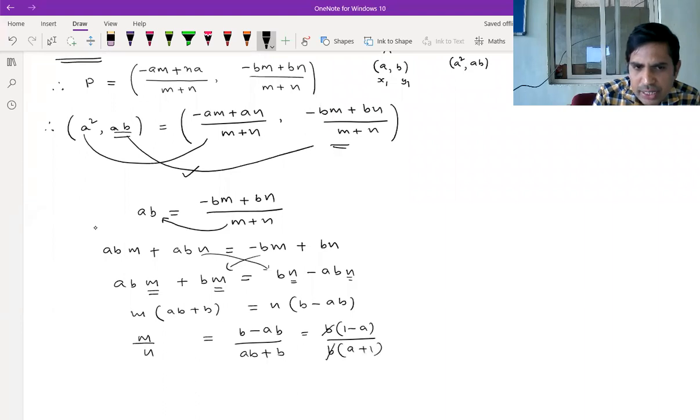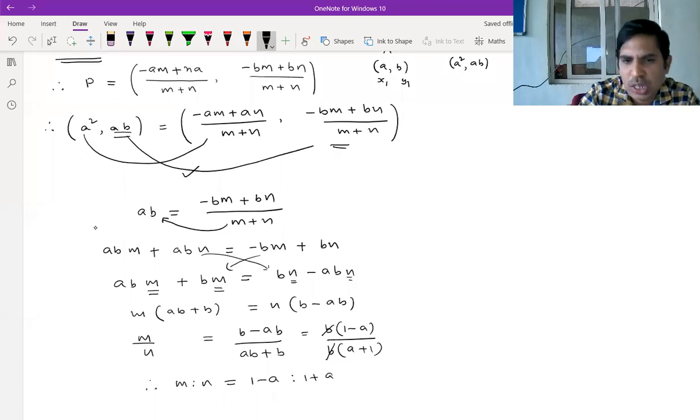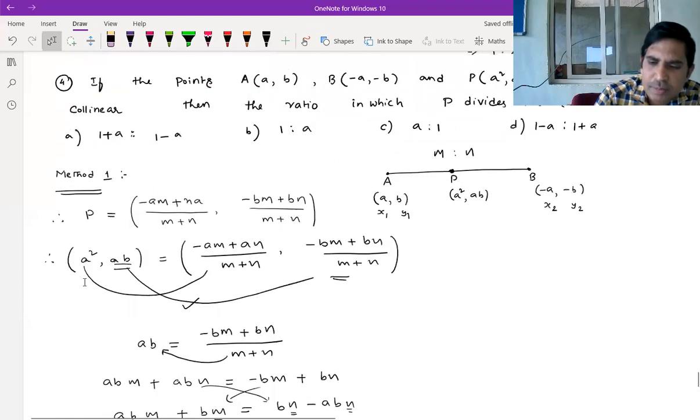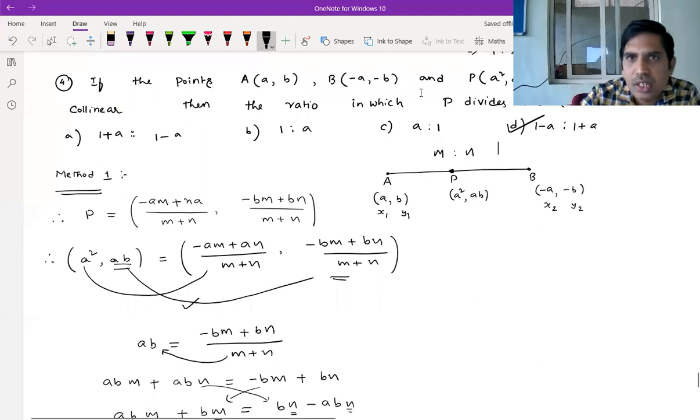So B and B get cancelled. Therefore the ratio we are getting is M is to N equals 1 minus A is to 1 plus A, or 1 minus A is to A plus 1. Therefore the option is nothing but the fourth option.